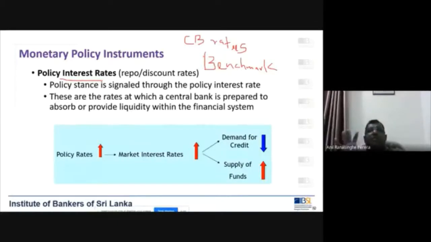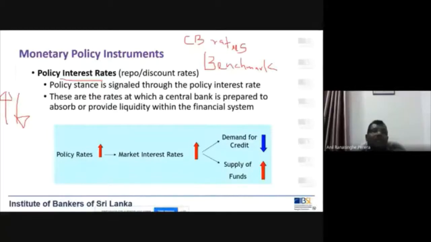Only the central bank can change these rates. Okay? Policy rates can only be changed by the central bank. When the central bank is changing these rates, let's say the rates are increased or decreased, then what will happen?